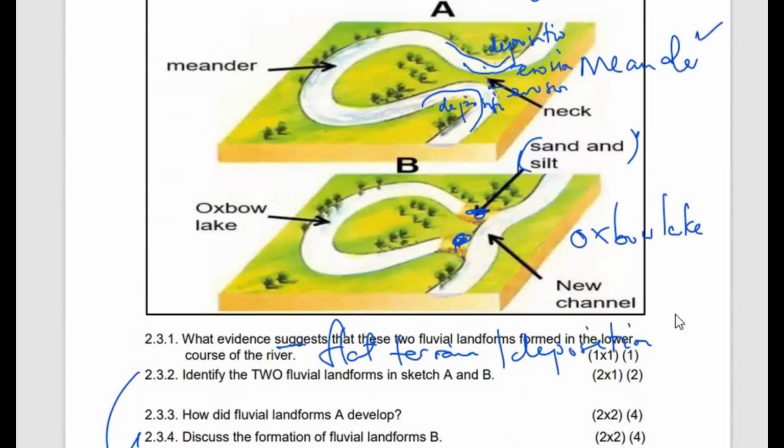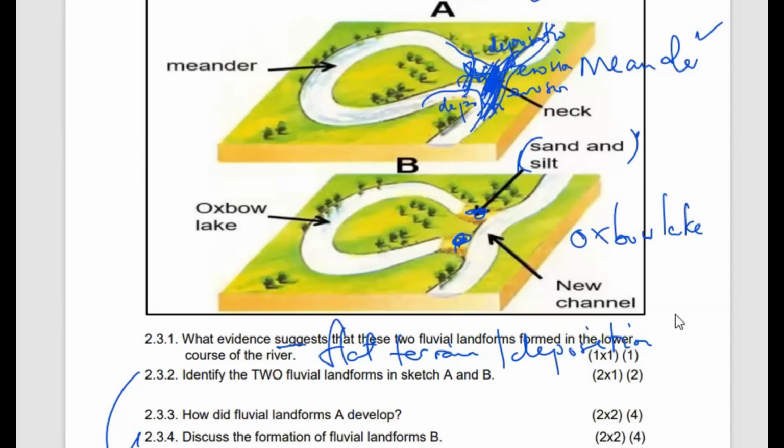Because of this, this bend advances in this direction, while this also advances in that direction because of erosion taking place on either side until the river manages to break the neck here. If the river manages to break the neck, it means the river now takes a straighter course.